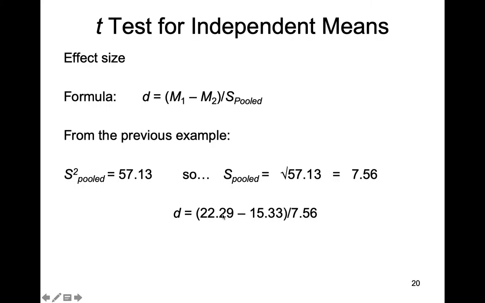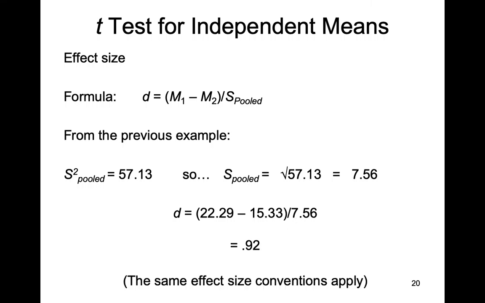We look at the mean difference and evaluate it over the population standard deviation. That gives us a d of 0.92. The same effect size conventions apply: a d of 0.2 is small, 0.5 is medium, and 0.8 is large. So we've got a large effect here.